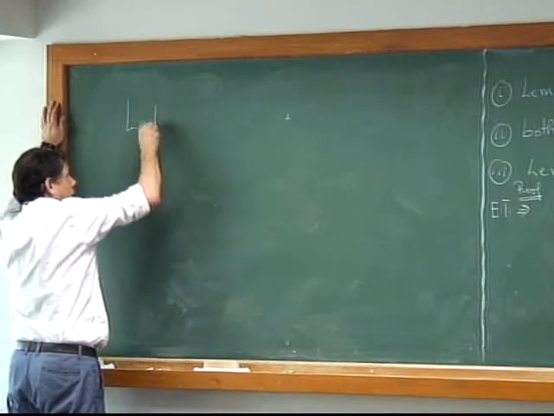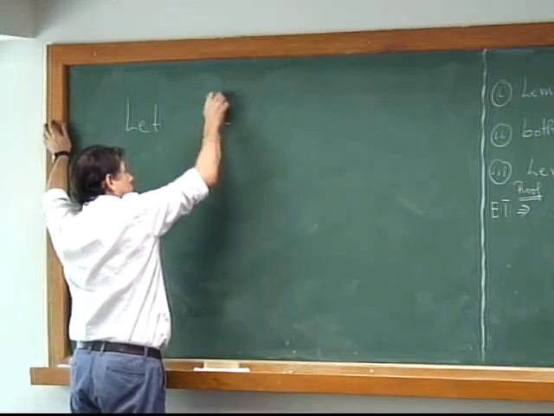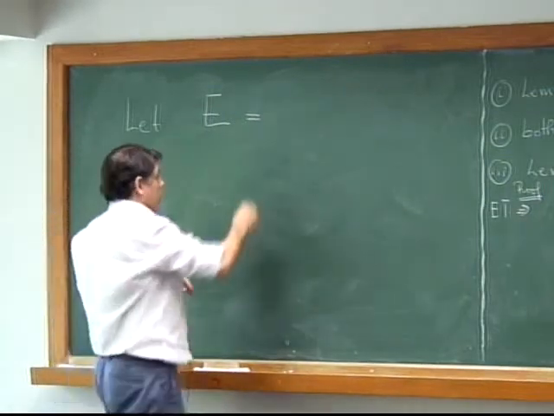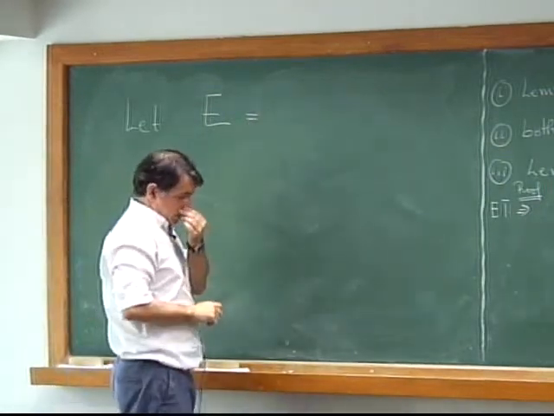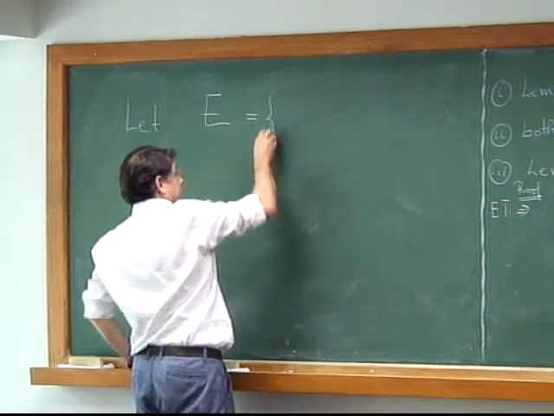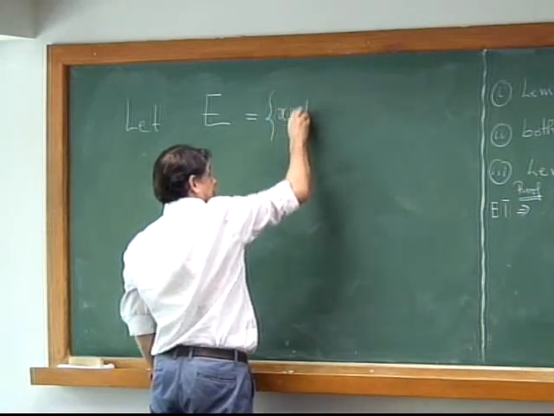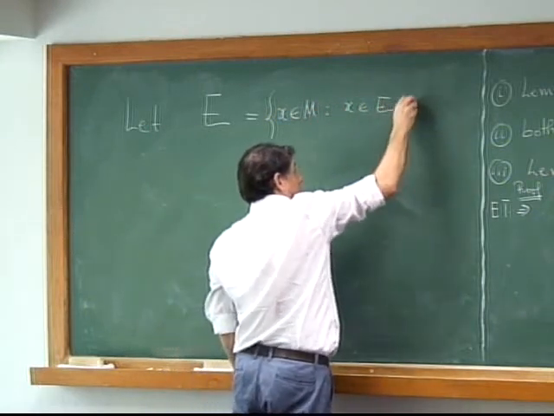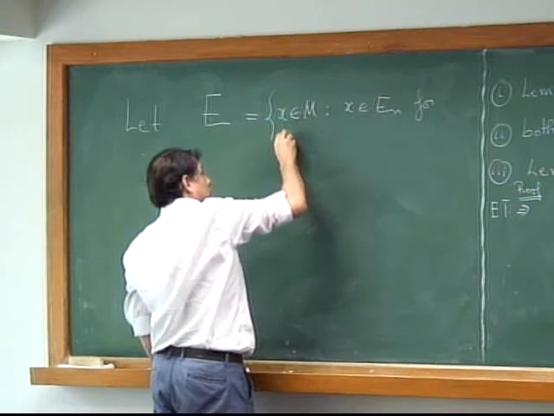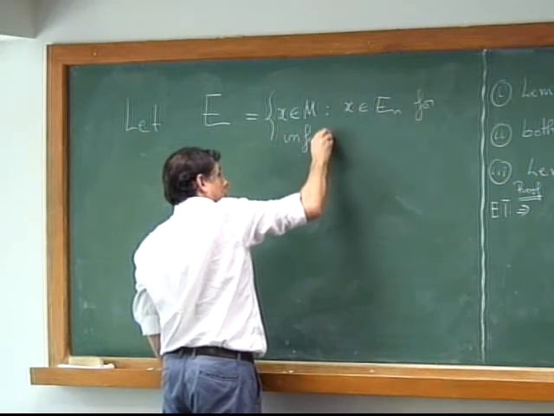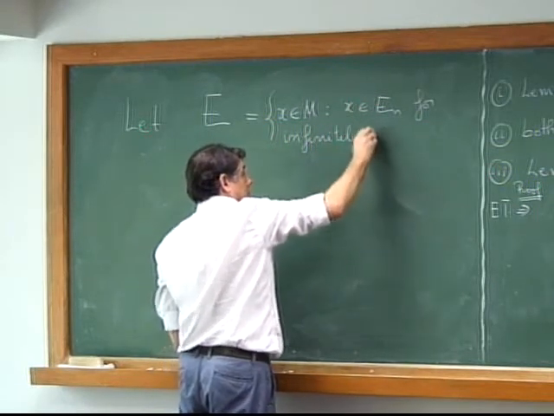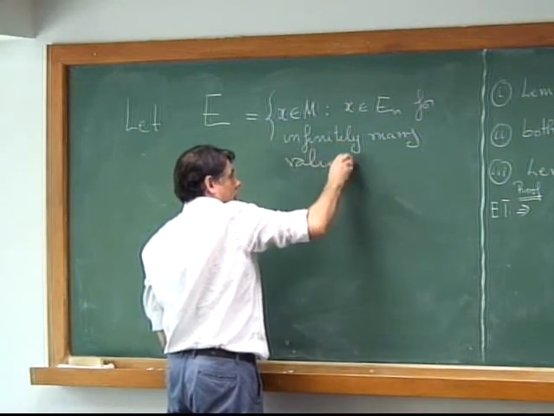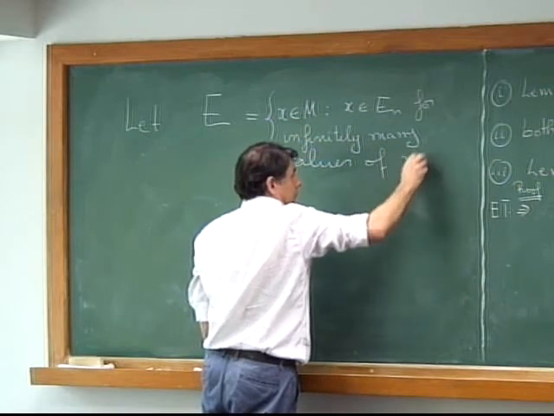Let E be the set of points x such that x belongs to E_n for infinitely many values of n.